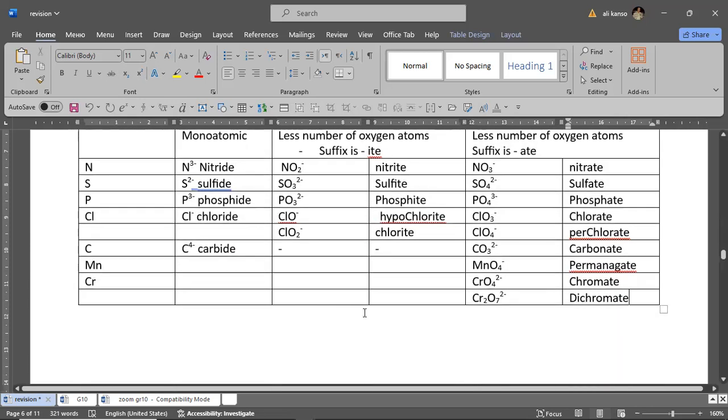Okay. This is the main polyatomic ion that we have to memorize.